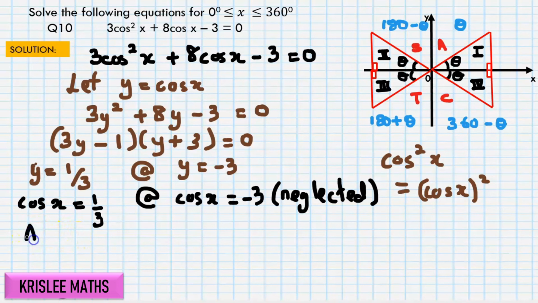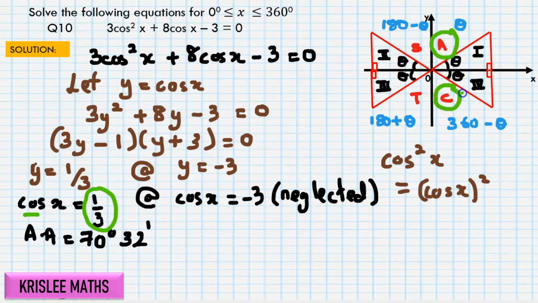So first find the acute angle. Shift cos of 1 over 3 and you will get 70 degrees 32 minutes. Next you check the value. The value here is positive 1 over 3. So cos positive will be in the first quadrant and fourth quadrant.